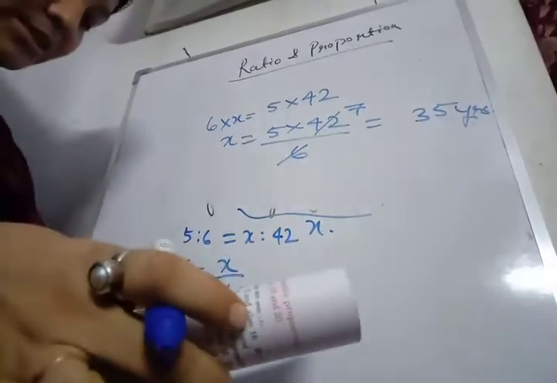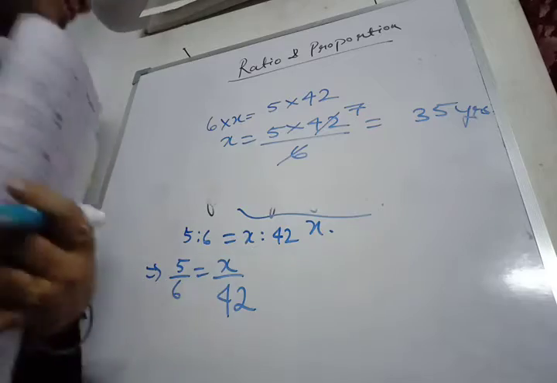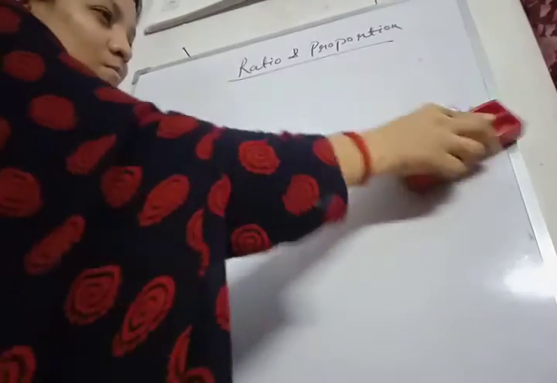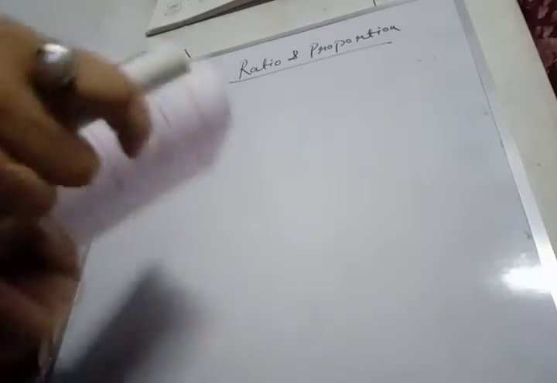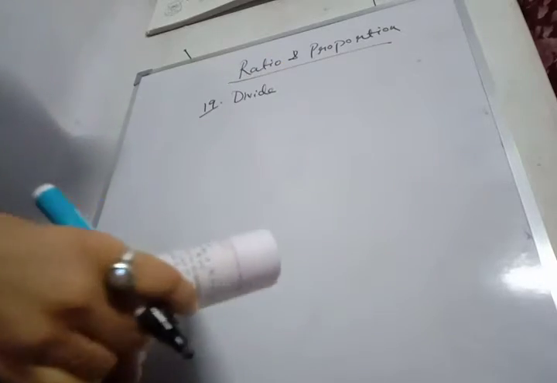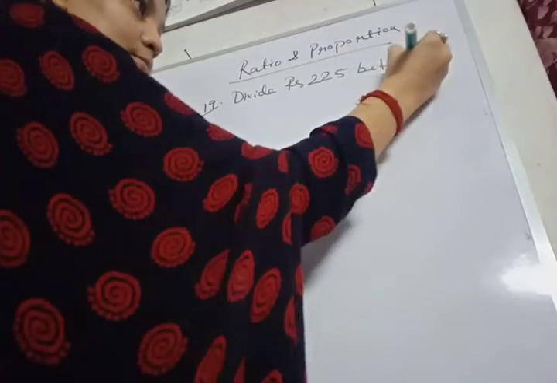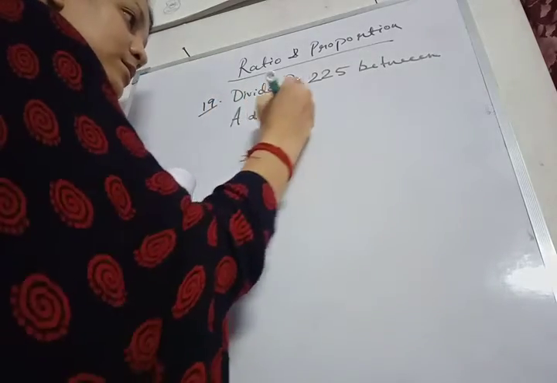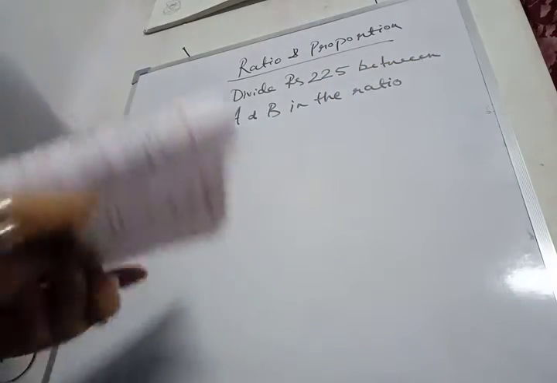Next, we move on to sum number 19. Divide rupees 225 between A and B in the ratio 8:7.